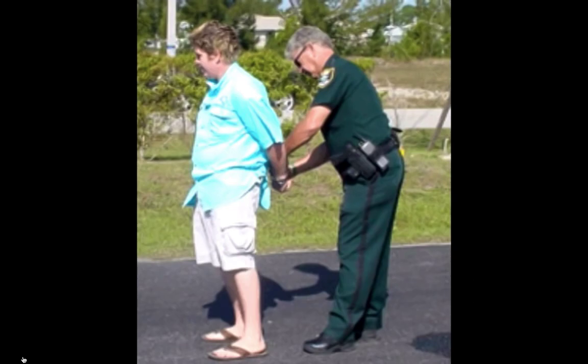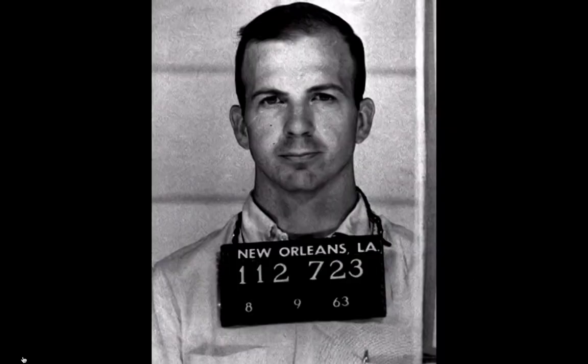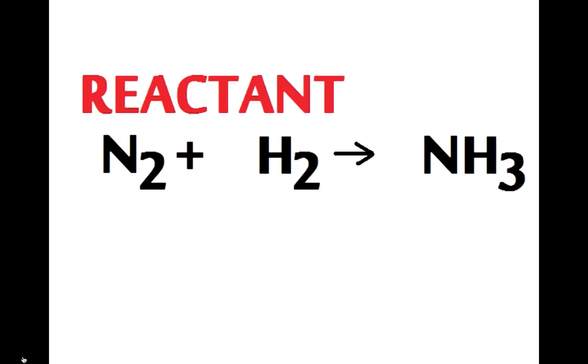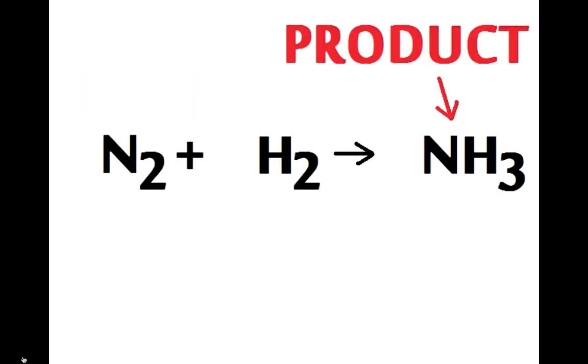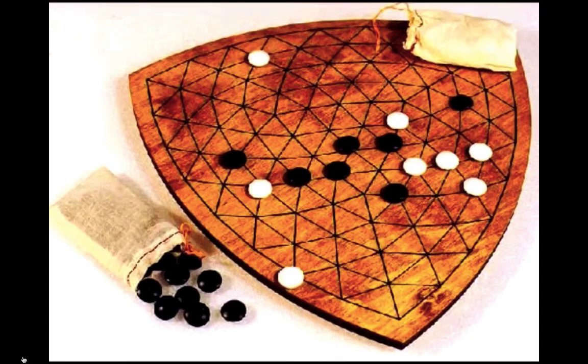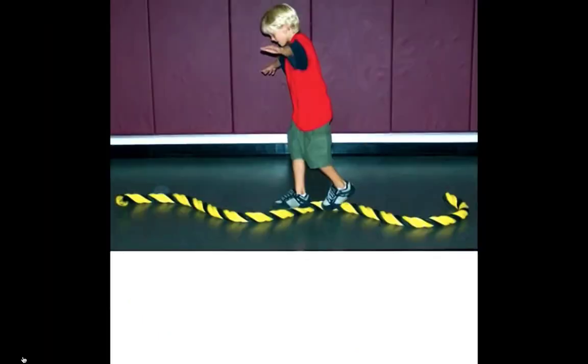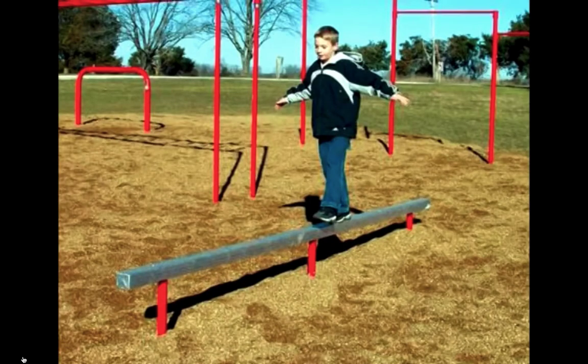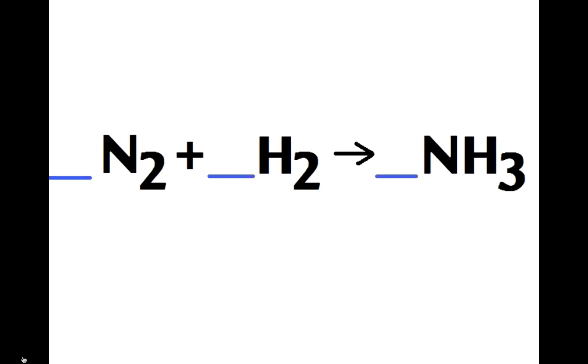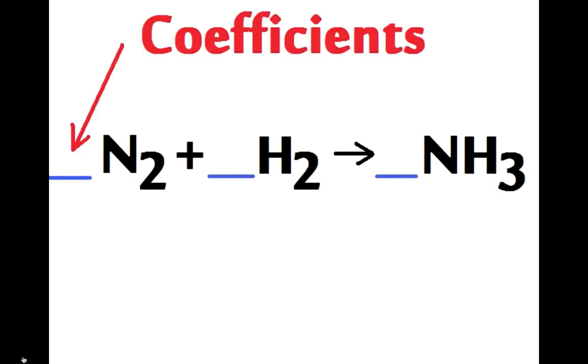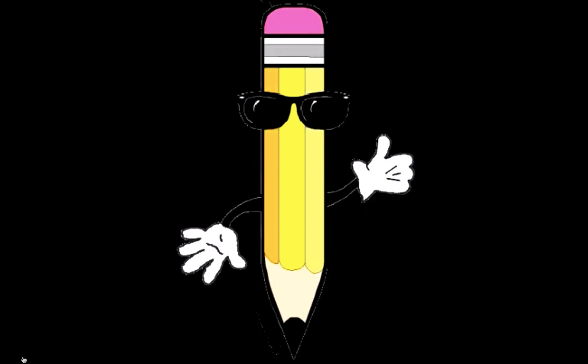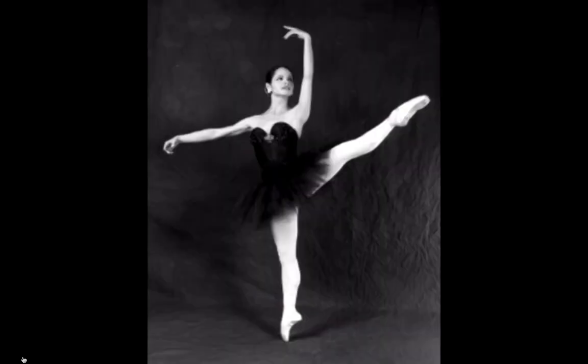How much reactant do you need to get the product made? You play the game of balancing that's been a long time played. In front of all the formulas, each coefficient goes. Make sure you use a pencil. Be steady on your toes.